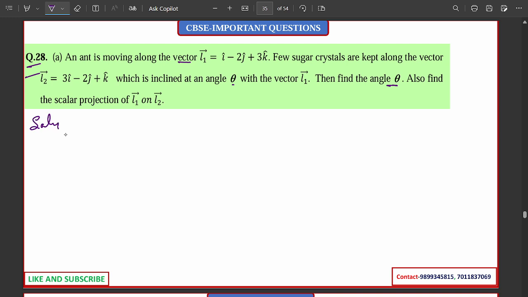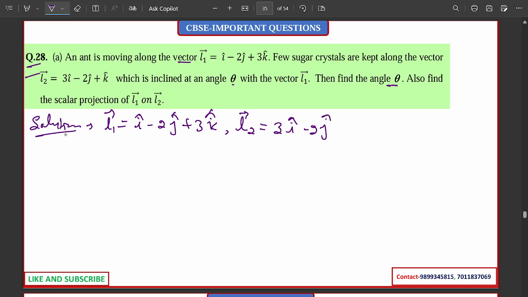So let us understand the solution of this question. L1 vector is given and L2 vector is also given. With the help of these two vectors, we should find the angle between them.